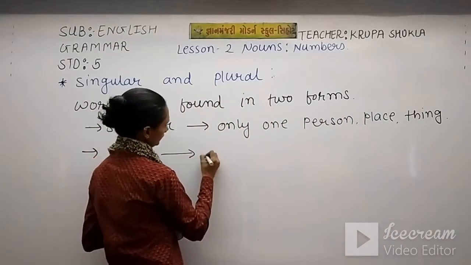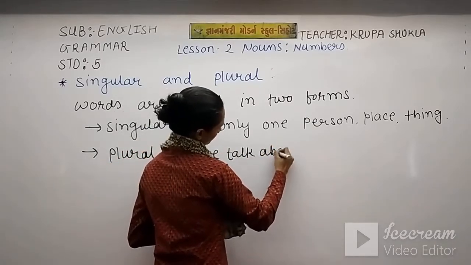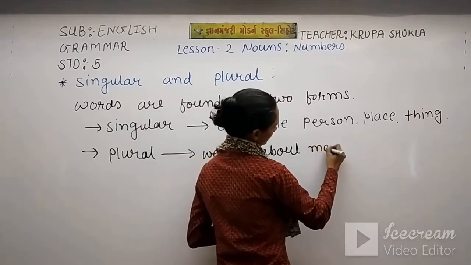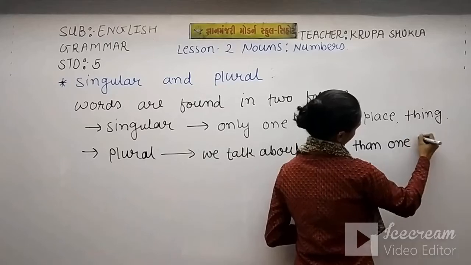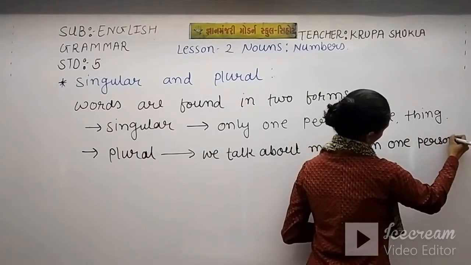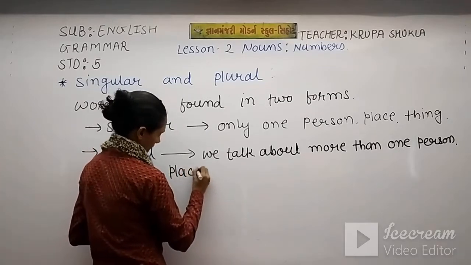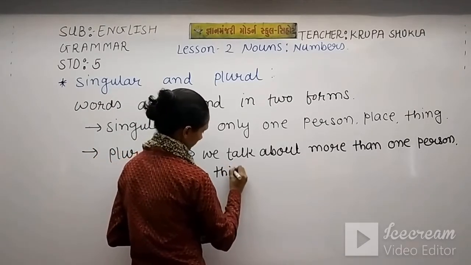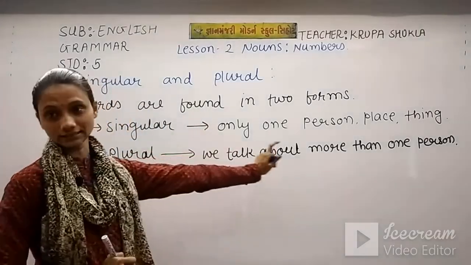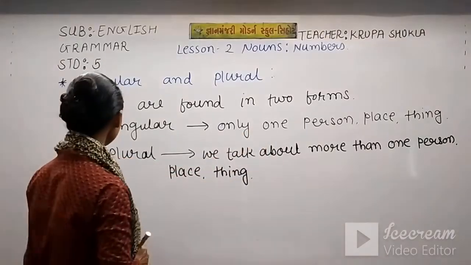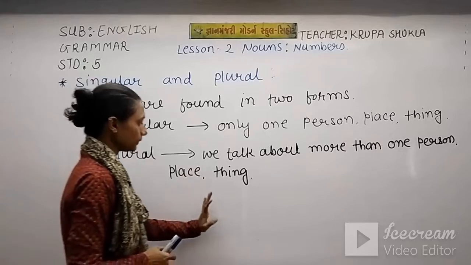While in plural we talk about more than one person, place or thing. Means in singular you will find only one thing, place and person, while on the other hand in plural you will find more than one person, place and thing.